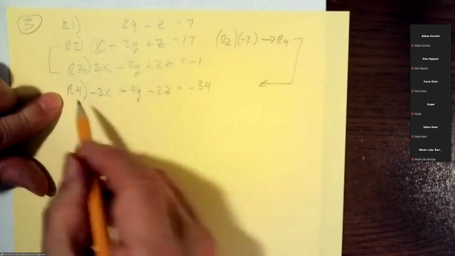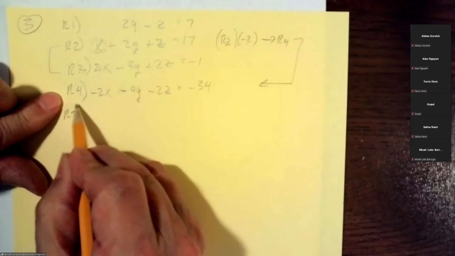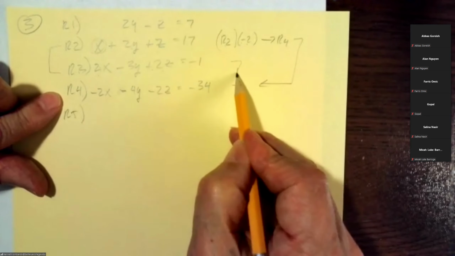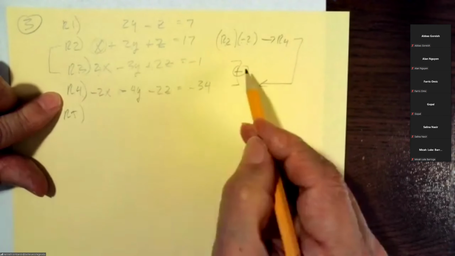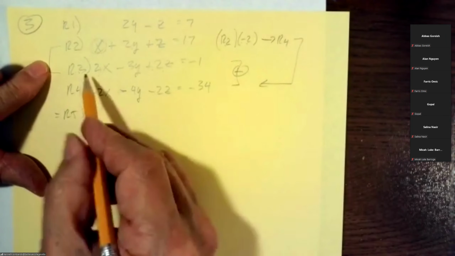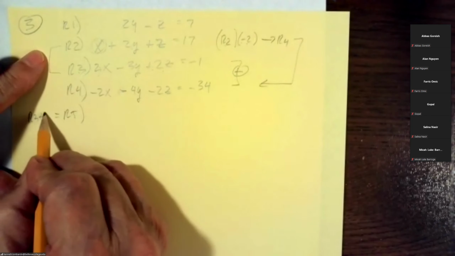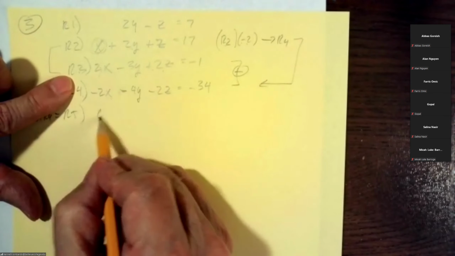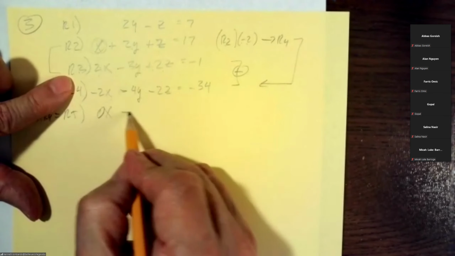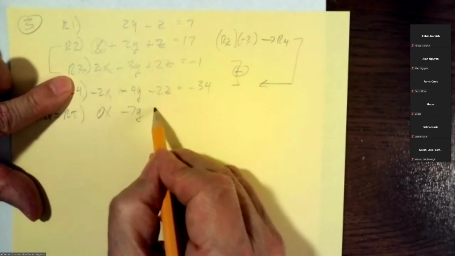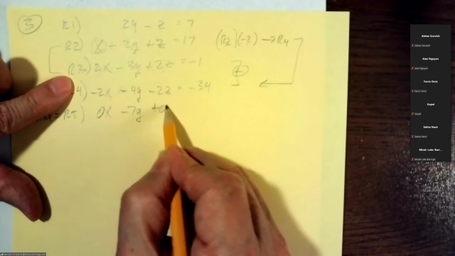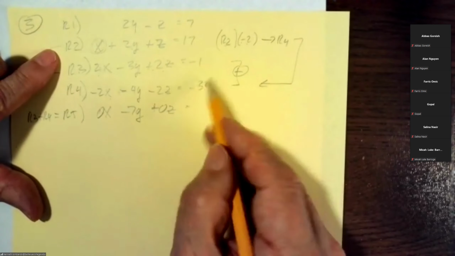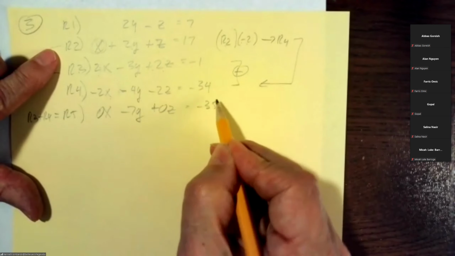And now I'm going to create equation 5 by combining those two equations. So if equation 5 is equal to row 3 plus row 4, I'm just going to add these. So we're going to have 0 x's minus 7y plus 0 z's equals, and I'm just adding, so I'm going to get -35.